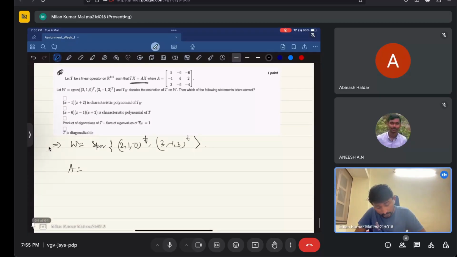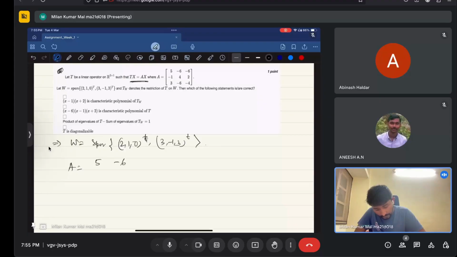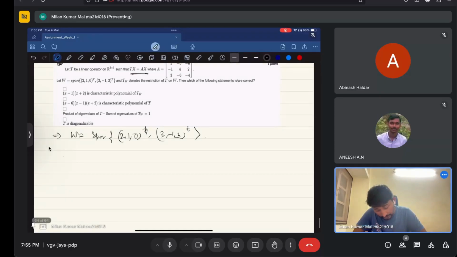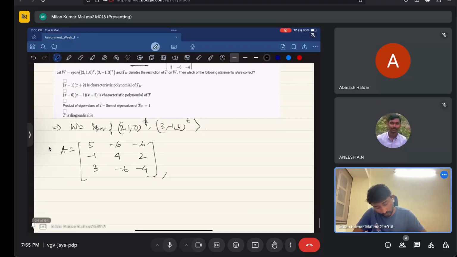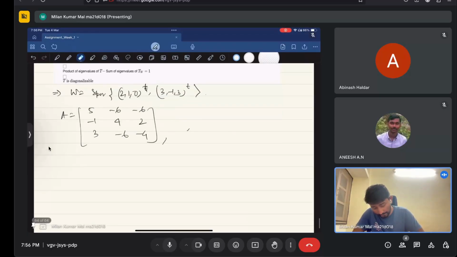Here A is given by 5 minus 6 minus 6, minus 1 4 2, 3 minus 6 minus 4. Let's compute A times the vector 2 1 0.